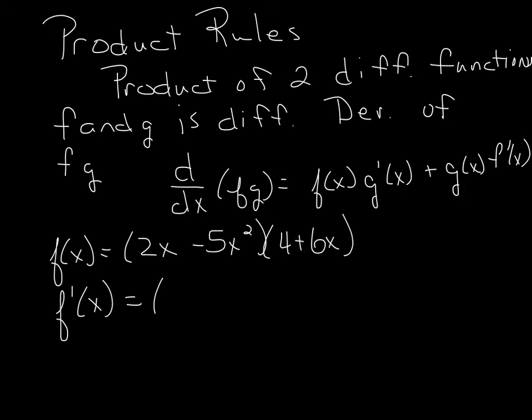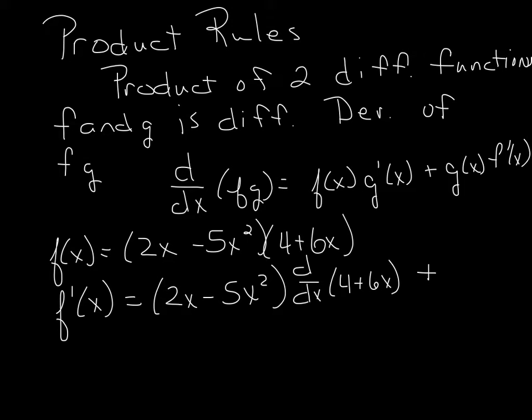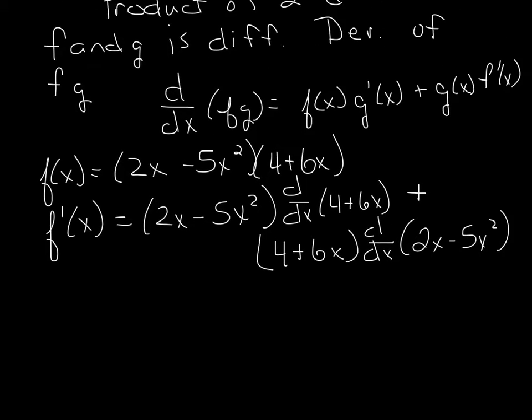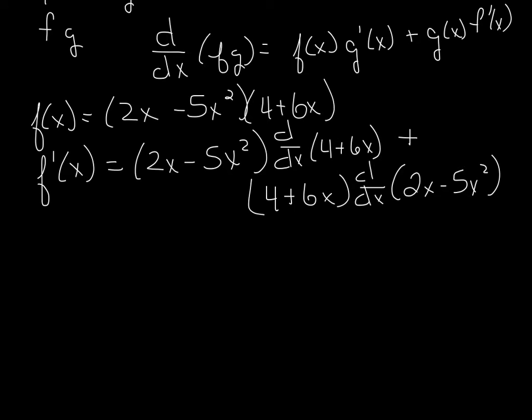So we take the first function times the derivative of the second plus the second function times the derivative of the first. Now those derivatives are relatively easy to find, so let's find those derivatives and then multiply.